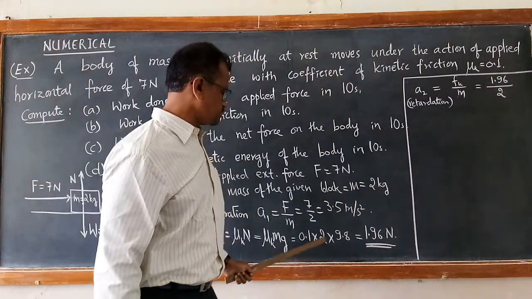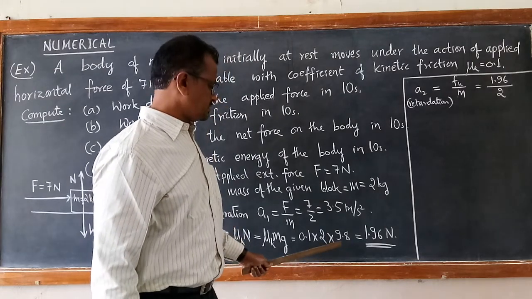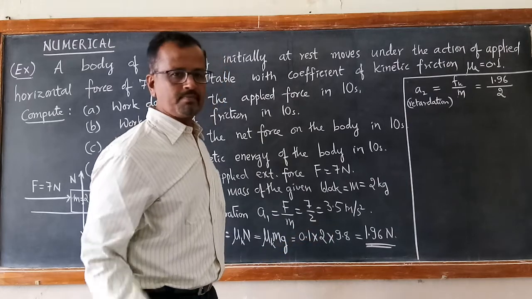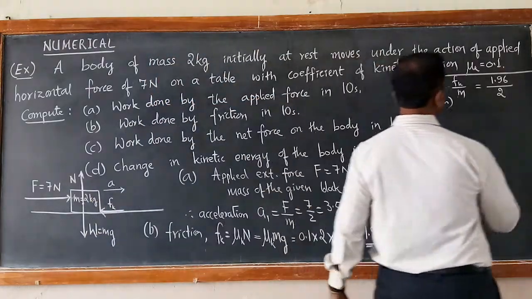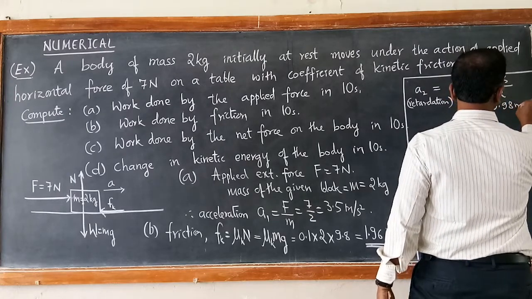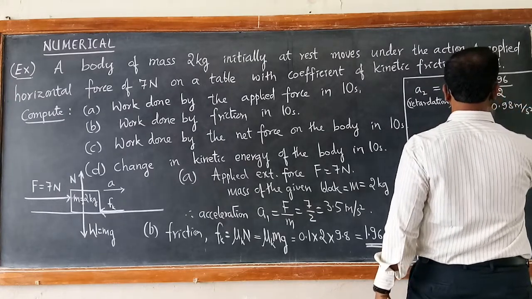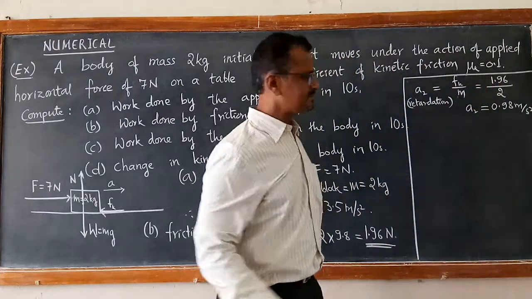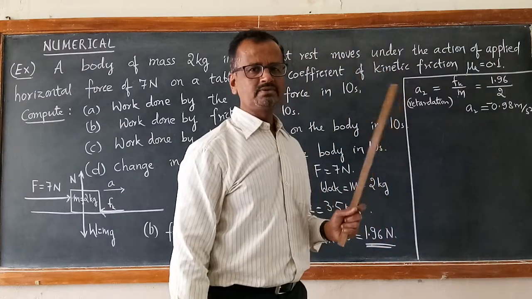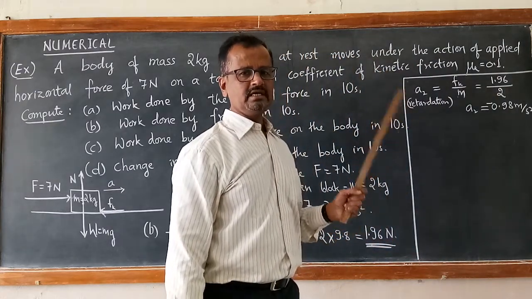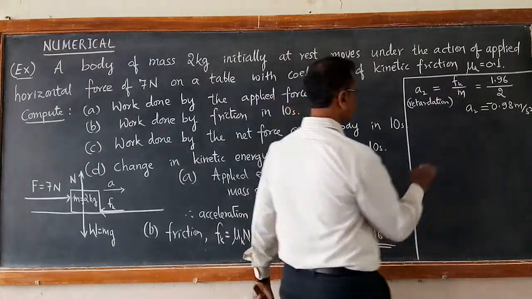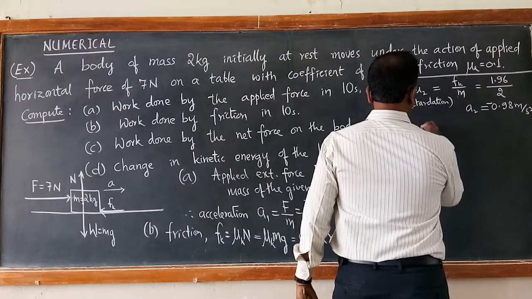So if you cancel 2, you are left with 9.8 into 0.1, that is 0.98 meter per second square. This is A2, but A2 is negative because it is an opposing force. As a result, the body undergoes retardation. Therefore, A2 is negative. Now we can calculate the net acceleration.